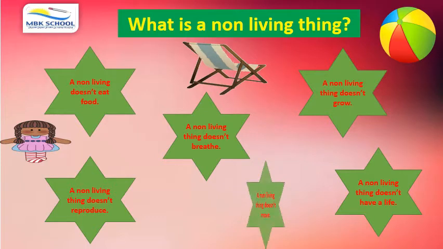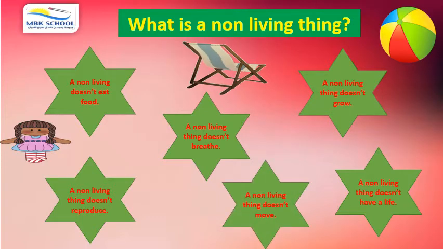A non-living thing doesn't move. So that's why I told you it is the exact opposite of a living thing. They are called non-living things. So what are the things that are called non-living things?